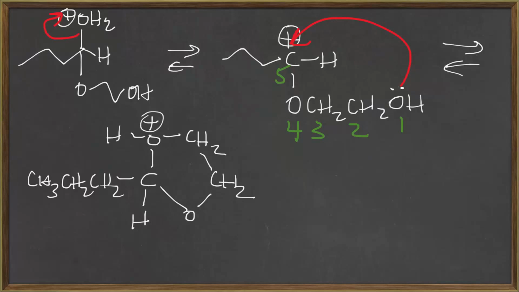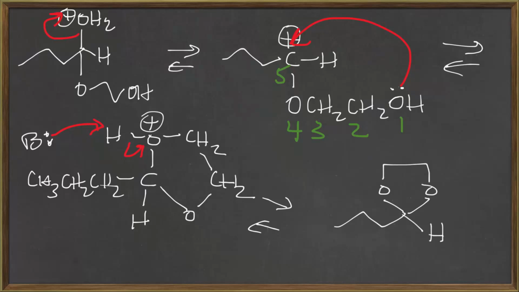So this intermediate, again, every time you see that proton hanging off an oxygen that's protonated, where it has a positive charge, whew, please deprotonate it. Now I'm just going to use a generic B for base, but my base is, of course, my alcohol. So, deprotonate it, and what do I have? I have an acetal.